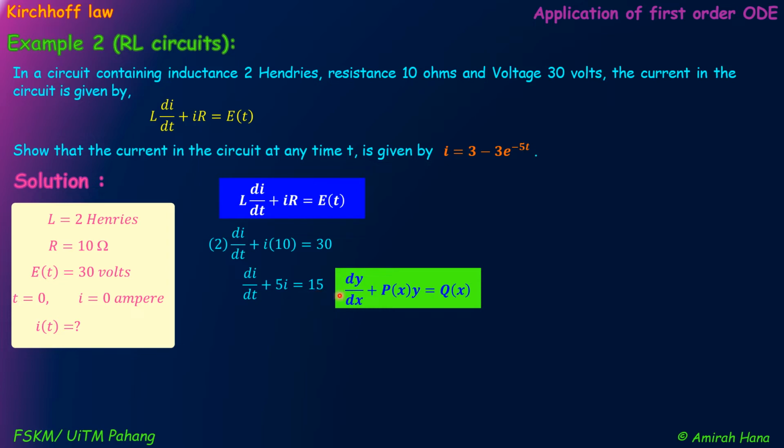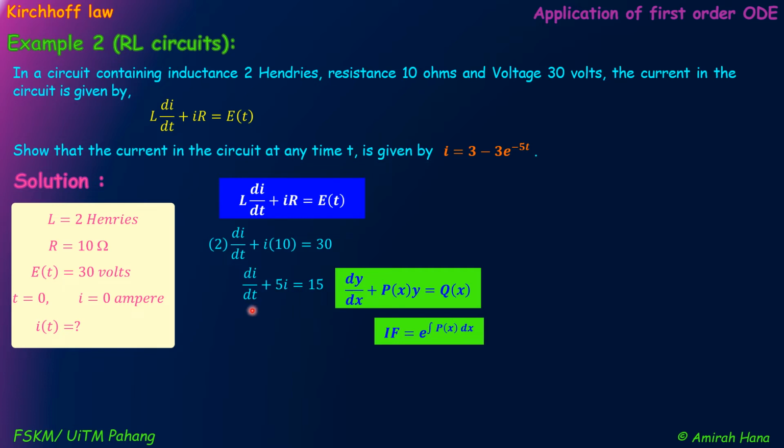Under linear equation, the most important thing we need to find is the integrating factor, which is IF. The formula for IF equals e to the power of the integration of P(x) dx. P(x) in this case equals P(t), which equals 5.